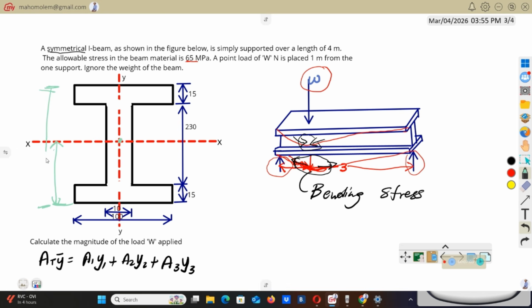If you take this distance divided by 2, it's going to give you the distance from the bottom to the center there. If you have symmetrical, that's what we're going to do. Just take the height divided by 2 and it will give you this distance from here to the center. So now let's find this distance.